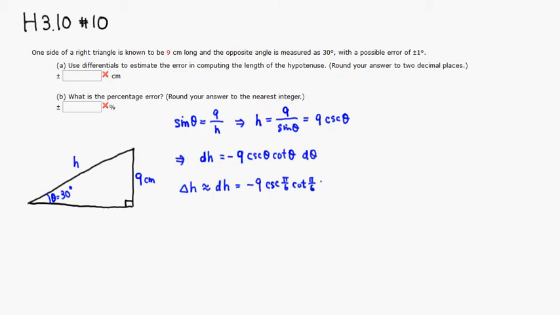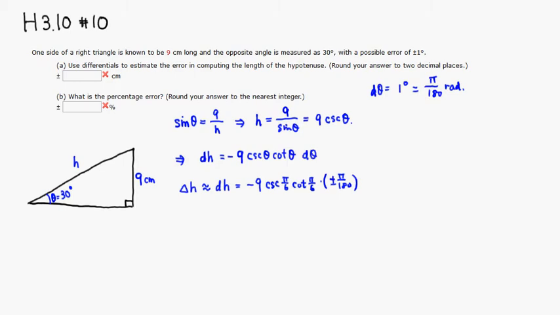So plus or minus 1 degree for d theta, which in radians is pi over 180. So it's plus or minus pi over 180.